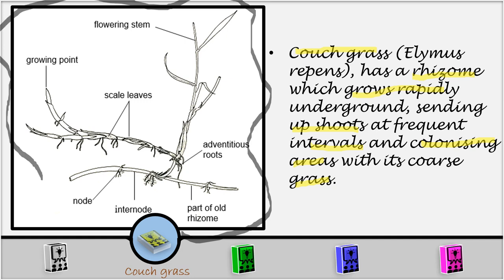Now the couch grass rhizome also grows rapidly underground, but at intervals it sends off shoots which come above the ground. With the help of the rhizome which is growing rapidly, it will colonize the area with its coarse grass very fast.